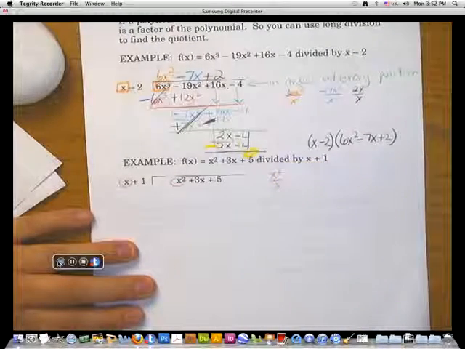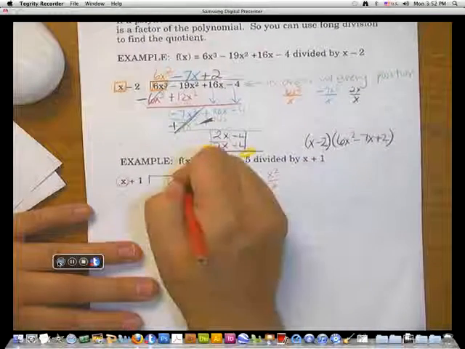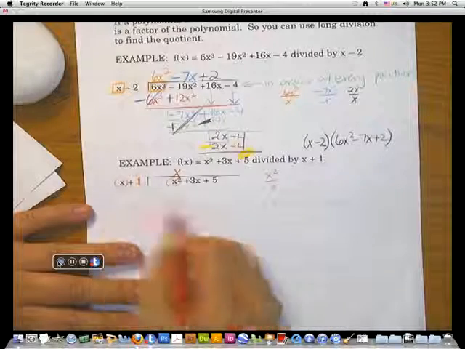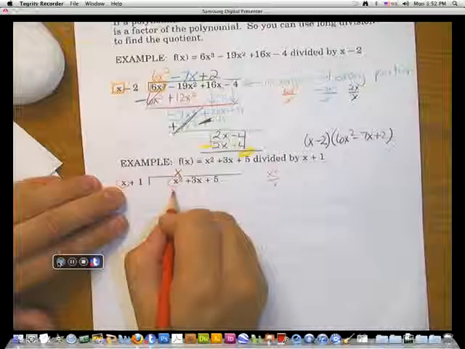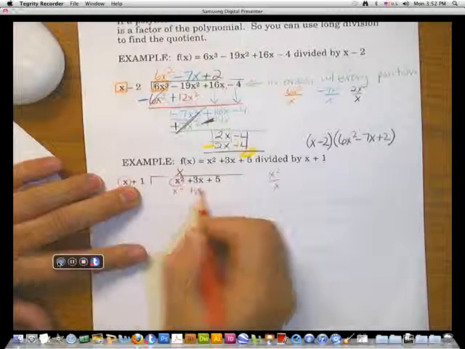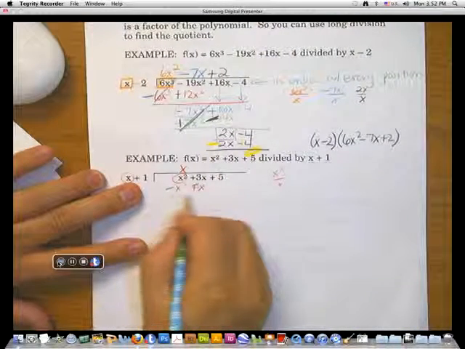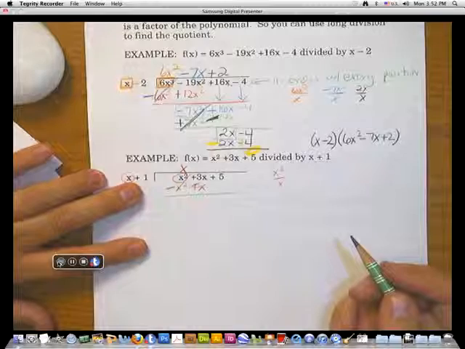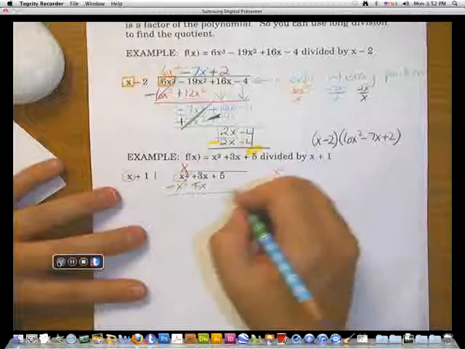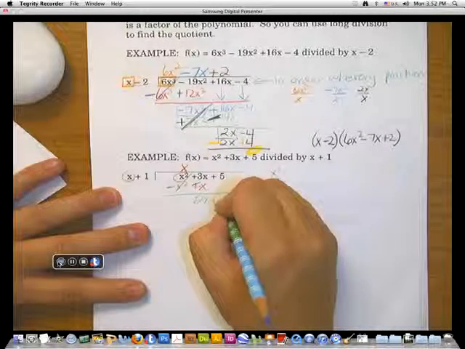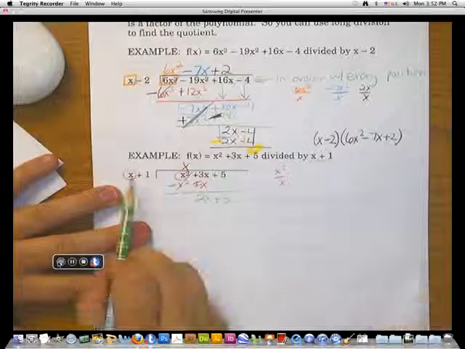How many x's go into x squared? X. When I multiply around, I get x squared plus x. Switch my signs because I'm subtracting. First one goes away, always has to go away or you did something wrong. And we get 2x plus 5.